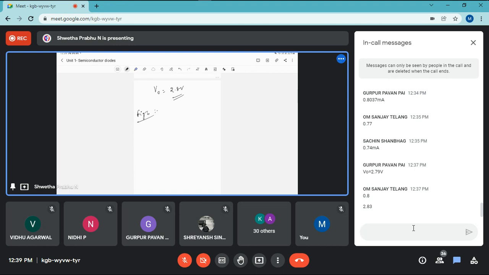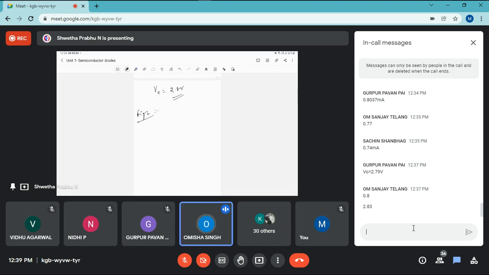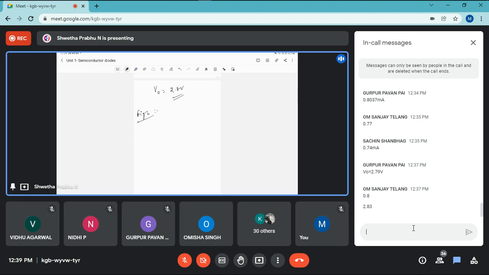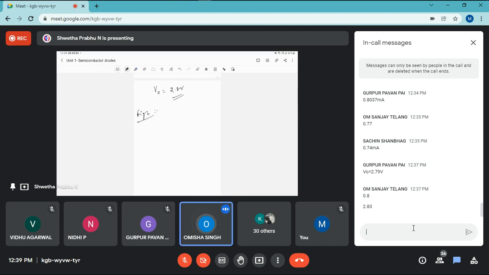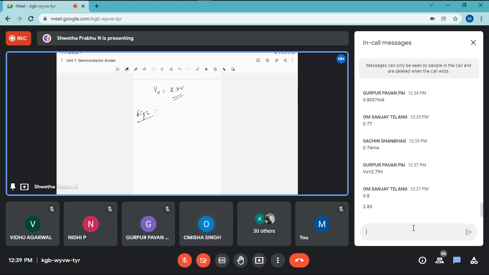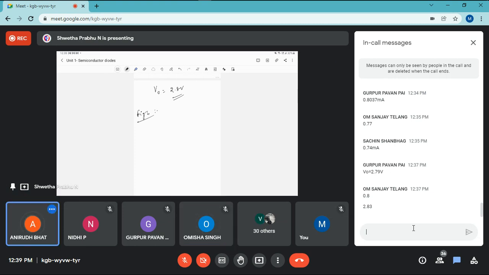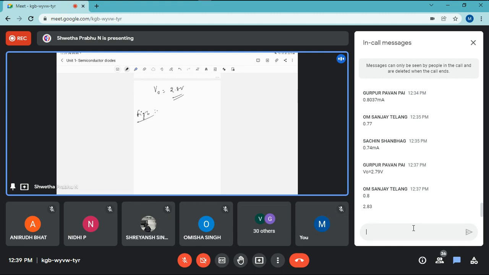Have you done it? Ma'am, I'm getting a negative value of output voltage. Correct. How much did you get? Minus 0.68 I got.